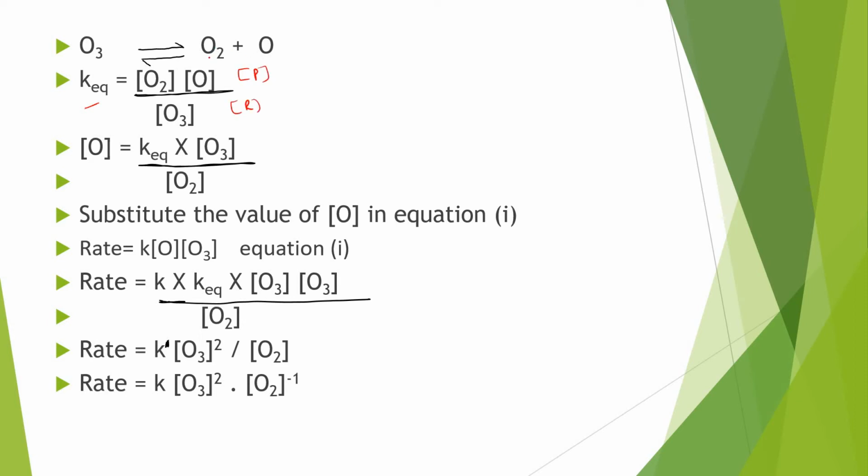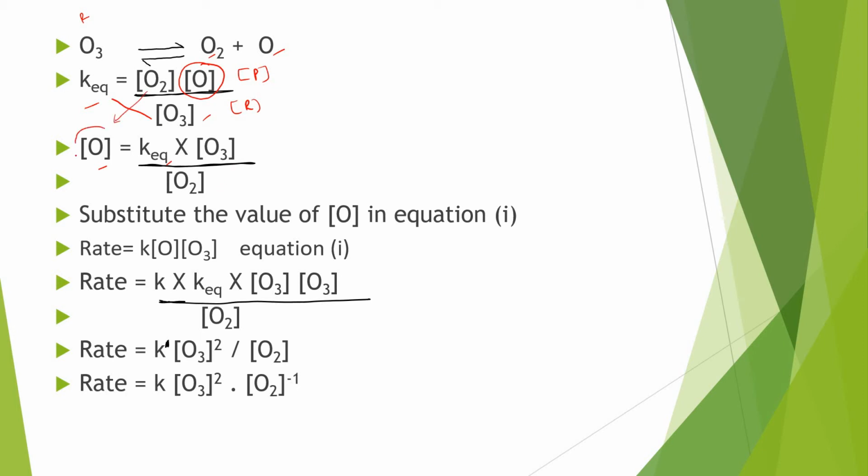Nascent oxygen is taken on the product side, and this O3 is taken on the reactant side. When you do the cross multiplication, the concentration of oxygen is equal to the equilibrium constant K into O3, and this comes down here.